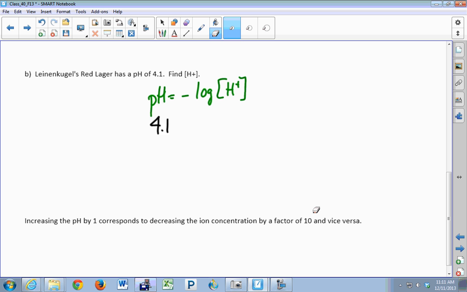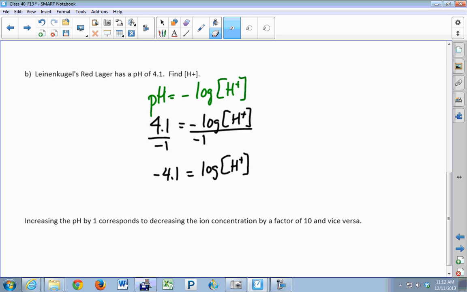So yeah, divide by -1, just like if we were solving this like a linear equation. If this said 4.1 equals -x, you would divide both sides by -1. So let's divide both sides by -1 to get -4.1 equals the log of the hydrogen ion concentration.